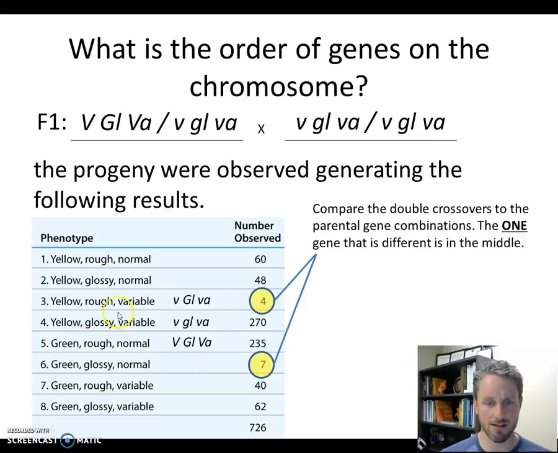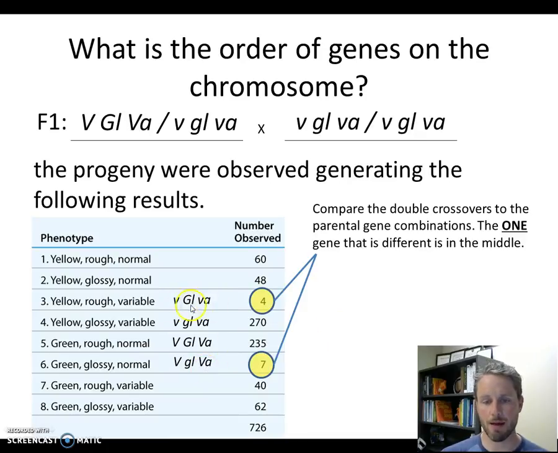So here, for this yellow, rough, variable plant, we know that yellow is the recessive trait. We know that rough is the dominant trait, and that variable is the recessive trait. So I write down the gene or the allele combination that now exists in this plant. And I'll do that for the other one as well. Green, glossy, normal. Green is dominant, glossy is recessive, normal is dominant.